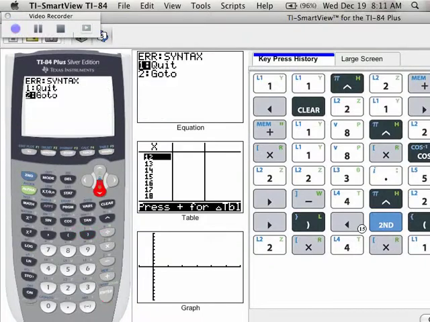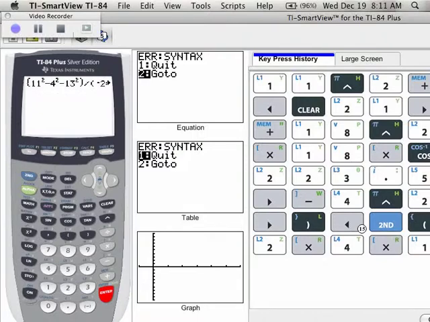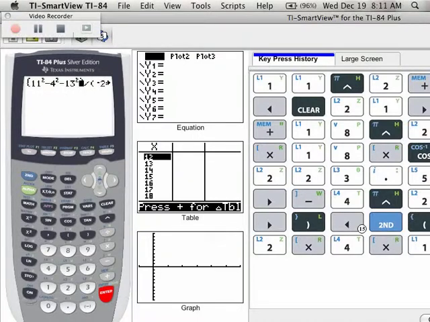What the craziness? What did I do wrong? Okay. What's happening here?